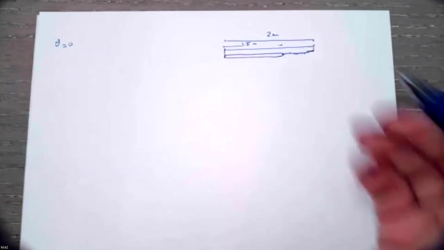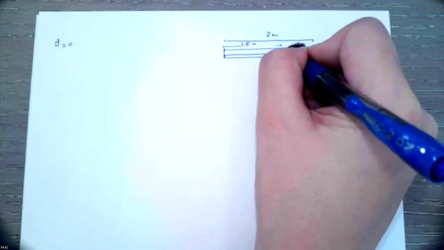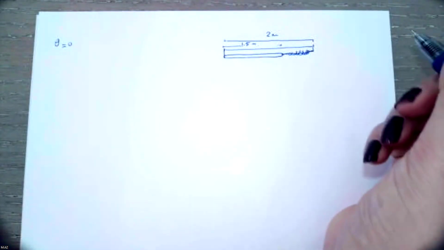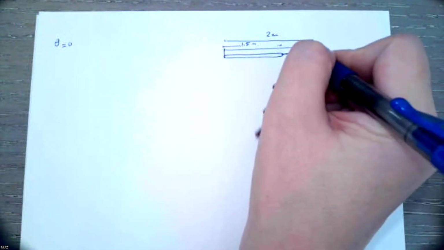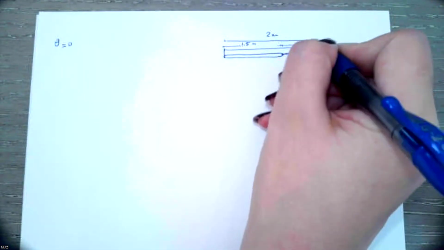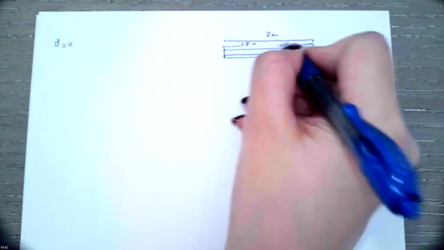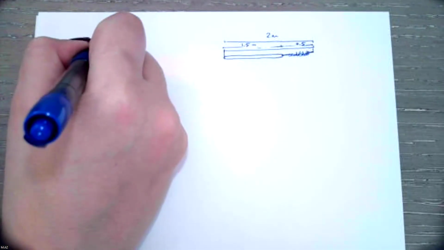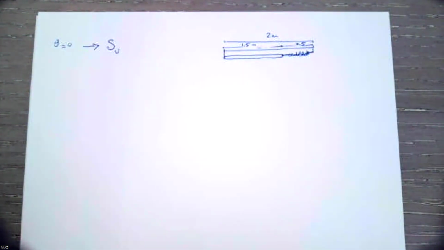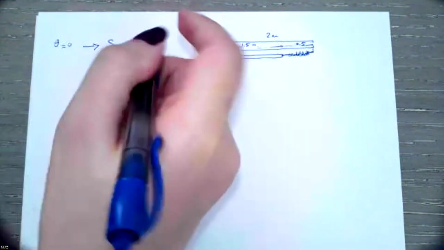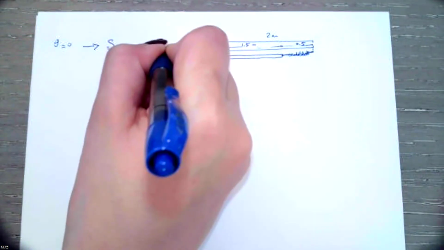The problem mentioned that at theta 0, the spring is in an unstretched condition. It means the length of the spring will be 0.5 because the whole length is 2 meters. Once theta equals 0, the unstretched length of the spring, I show as S of U, is 0.5 meters.